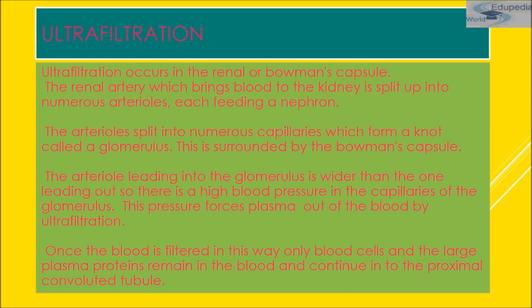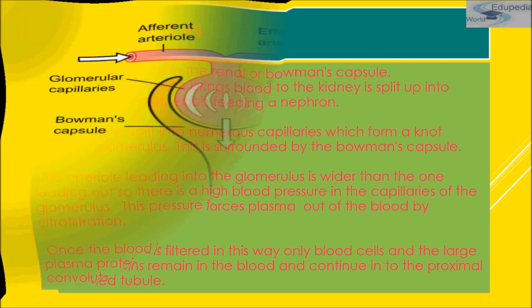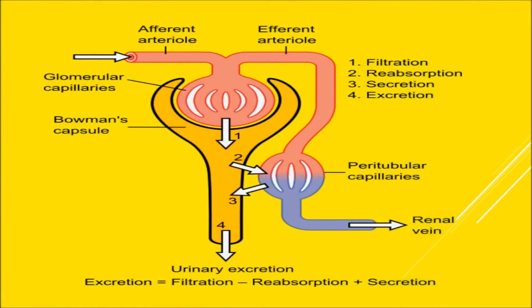Once the blood is filtered in this way, only blood cells and large plasma proteins remain in the blood, and they continue into the PCT, that is the proximal convoluted tubule. I'll show you how it takes place.